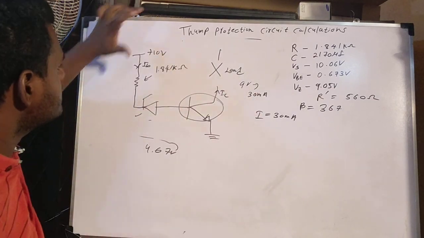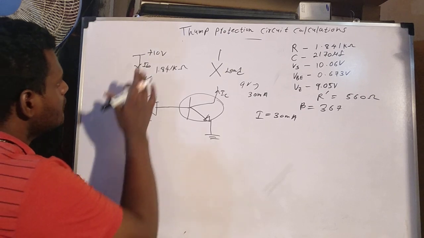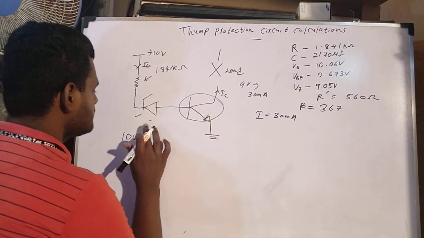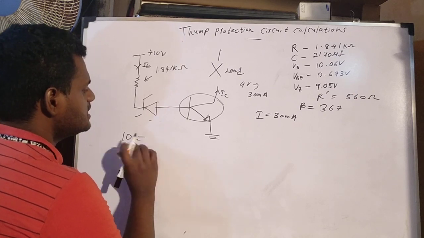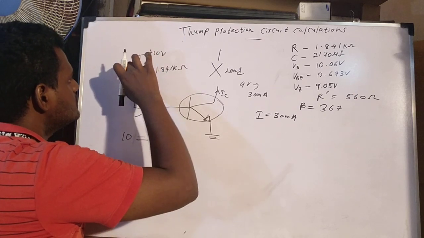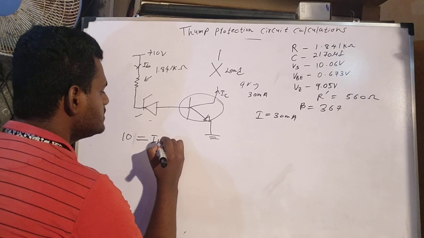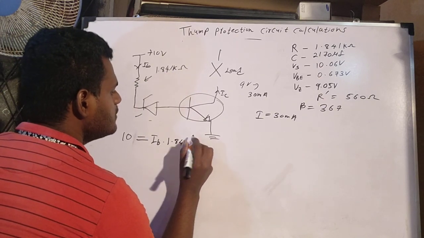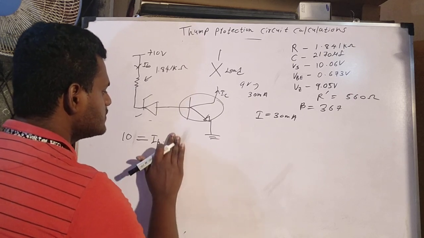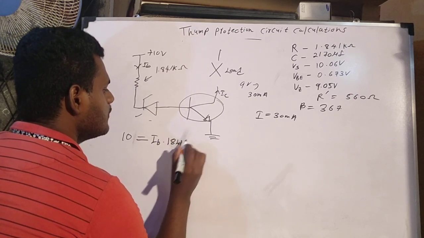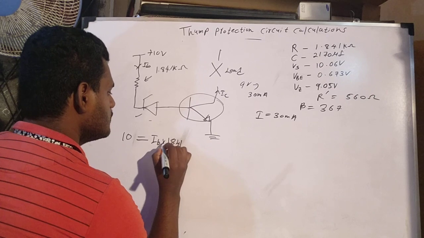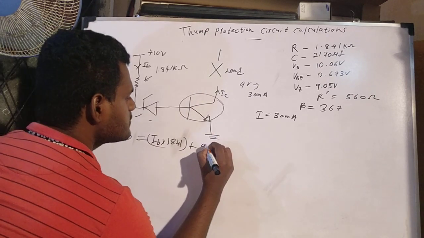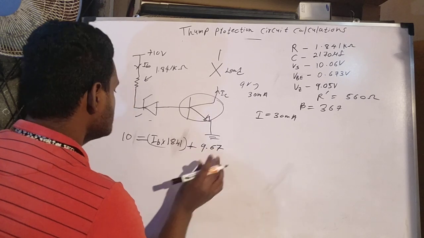Now I'm applying that equation here. What is that? 10 volts, Kirchhoff's law, no problem. I take the 10. 10 equals IB times the resistor value, 1.841 kilo ohms, plus this voltage, 9.67.